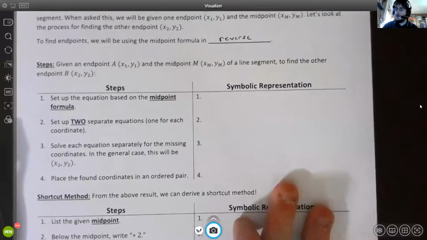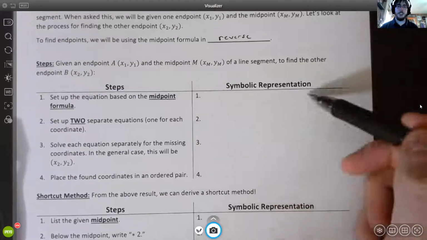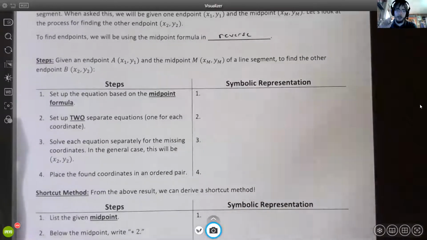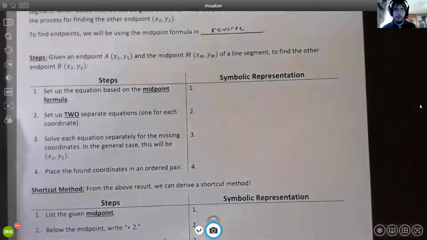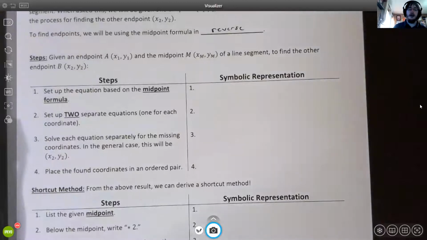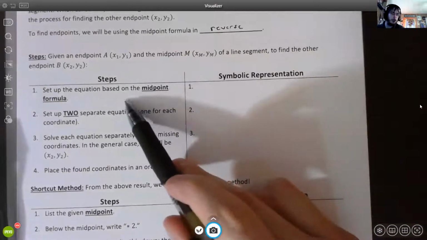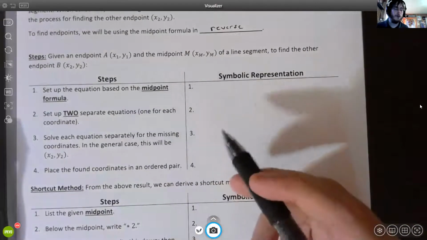So these first 4 steps, this is how we would do it algebraically. And then the shortcut method is what we can do just to get through it quicker. So for the algebraic method, the first thing you do is set up the equation based on the midpoint formula.